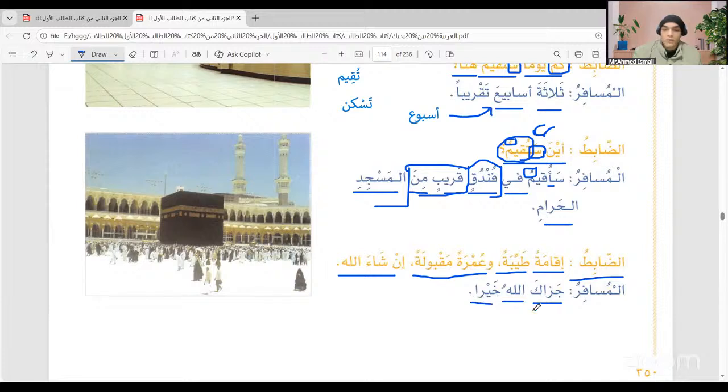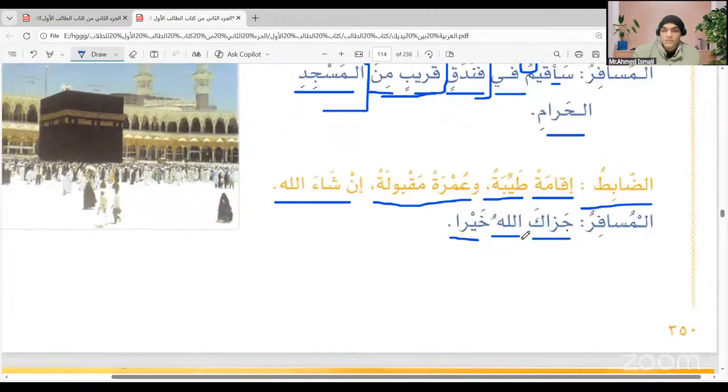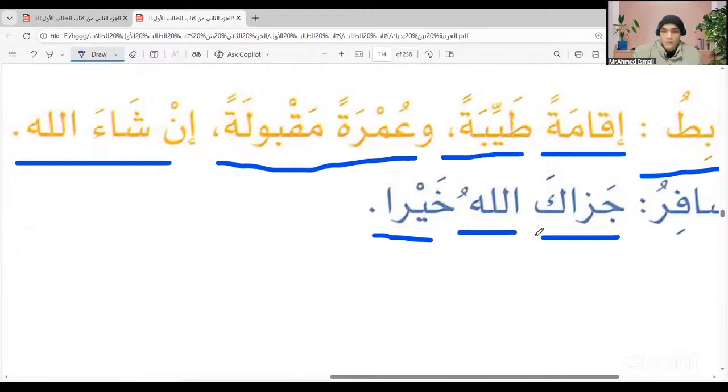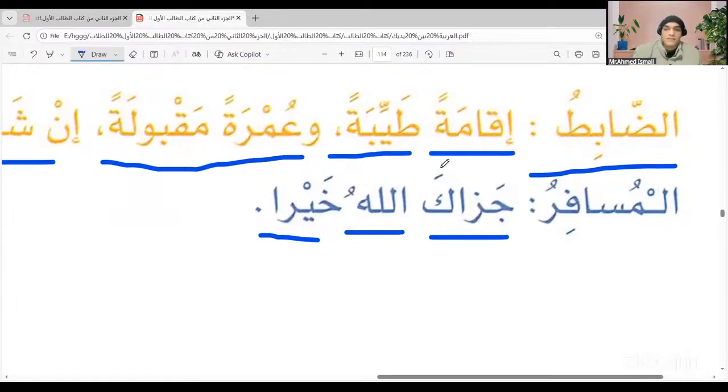I want to do something here for this word. I know all of us know the meaning of Jazakallah khairan, which means may Allah reward you with hasanat, or good deeds. But look at that. We have in the first Jazaka Allahu khairan. And khairan here should be with double fatha, by the way.